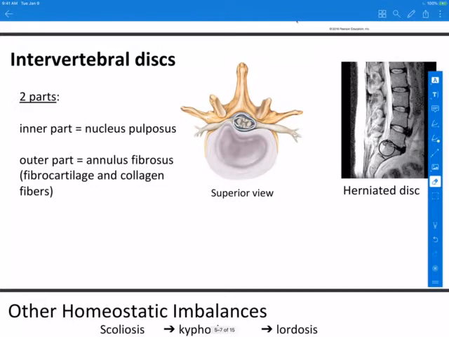And if you look at the image on the right, you can see where the circle is, that's an example of a herniated disc. And if that impinges on spinal nerves, that can lead to severe symptoms.